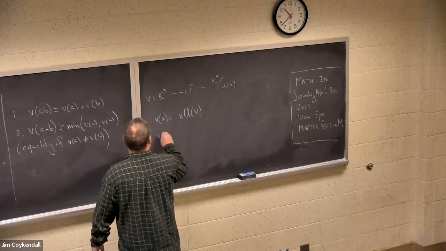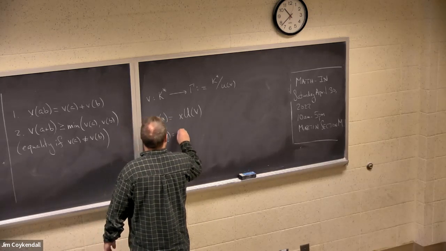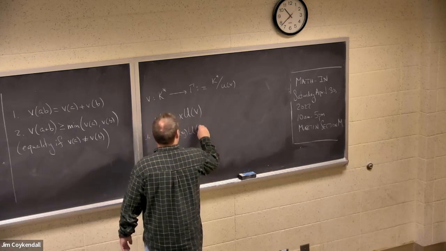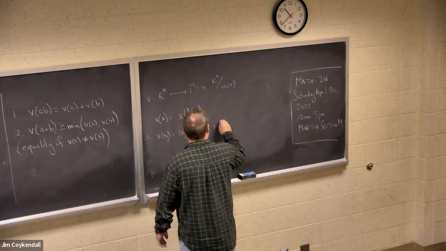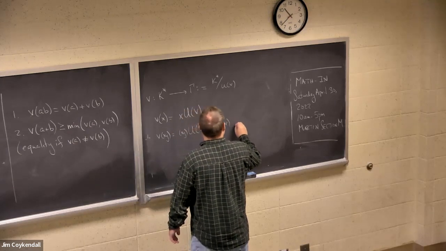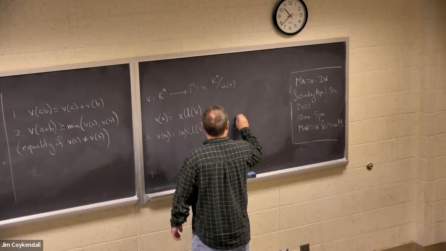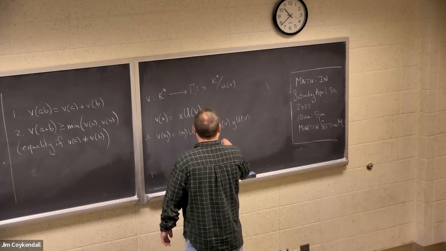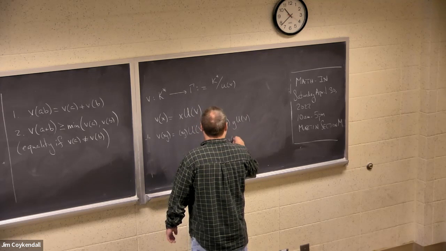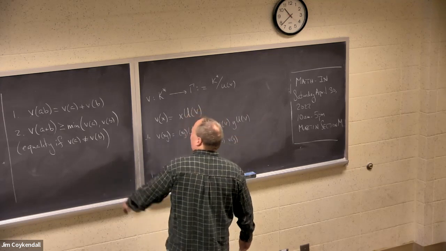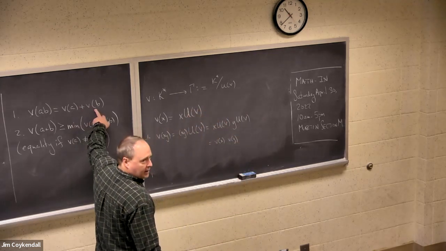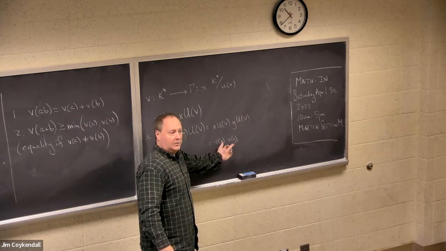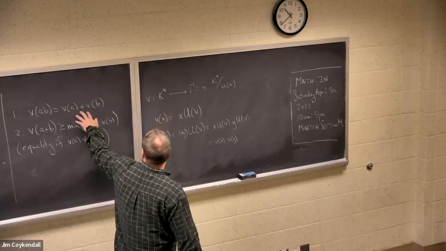Number one, the valuation of XY equals the valuation of X plus the valuation of Y. And I know I said plus here, but remember, this is respecting the operation of cosets, so this is really the same thing.